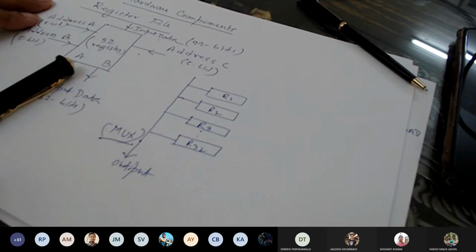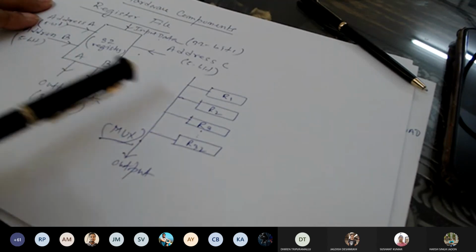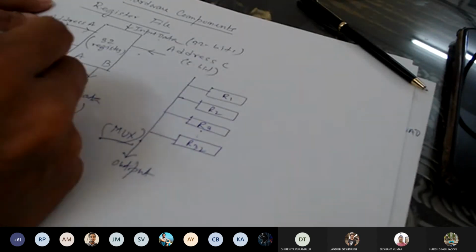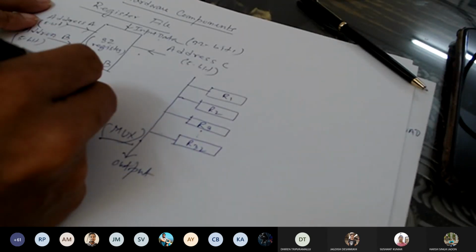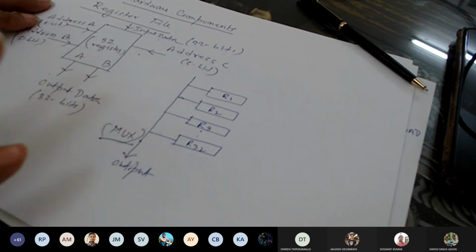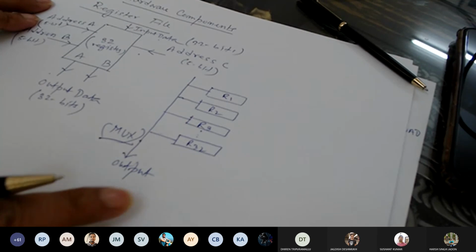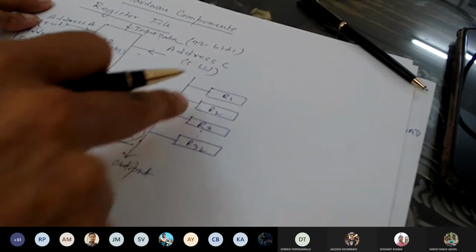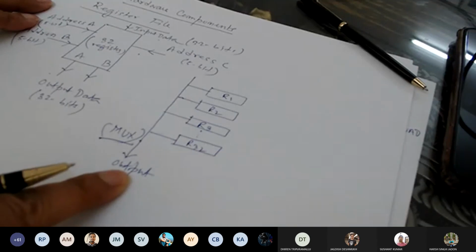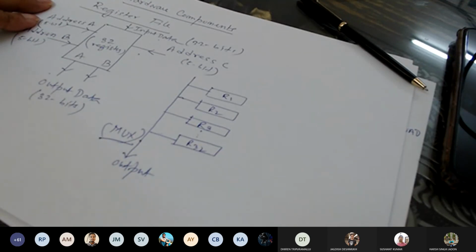Now think about this dual port. I need both the values at the same time. If R1 is coming through here, R2 is also coming through here, then I need both the things at the same time, then only the addition can happen. So if all the registers are connected through the same multiplexer, you need a dual port mechanism.